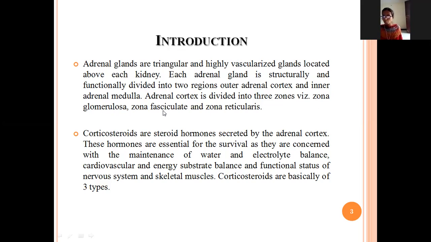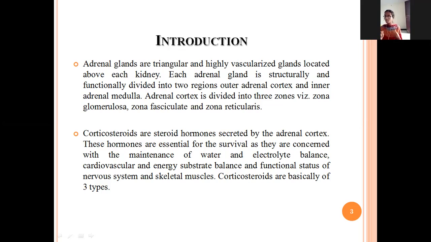These are the three zones which are present in the adrenal cortex. And the corticosteroids are the steroid hormones which are secreted by the adrenal cortex.